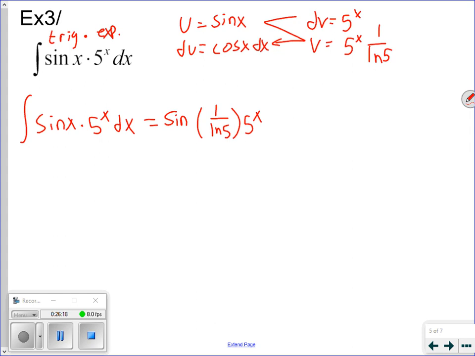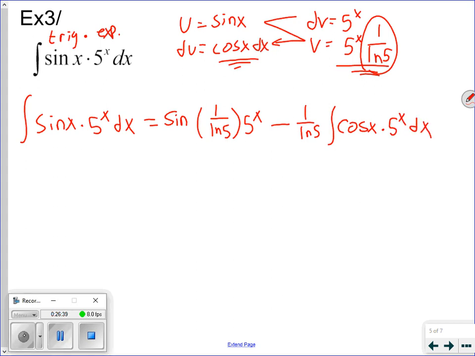There's uv. Minus the integration of v du. Now, because 1 over ln of 5 is a constant, I'm going to go ahead and bring that out. If I can bring out a constant at the beginning, I'd love to do that. And I'm left with cosine of x times 5 to the x dx.